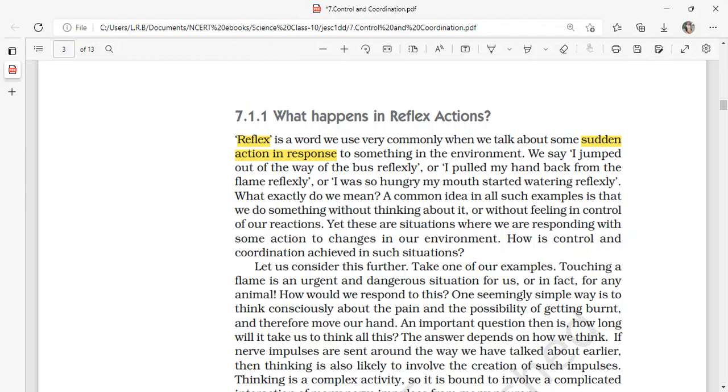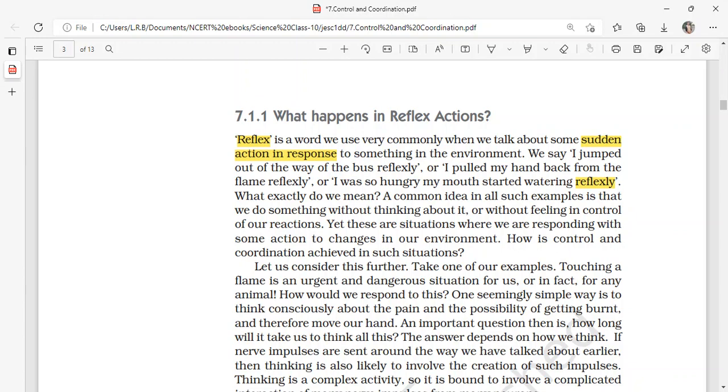We say, I jumped out of the way of the bus reflexively, or I pulled my hand back from the flame reflexively, or I was so hungry my mouth started watering reflexively. These words simply mean unintentionally, suddenly or unknowingly.